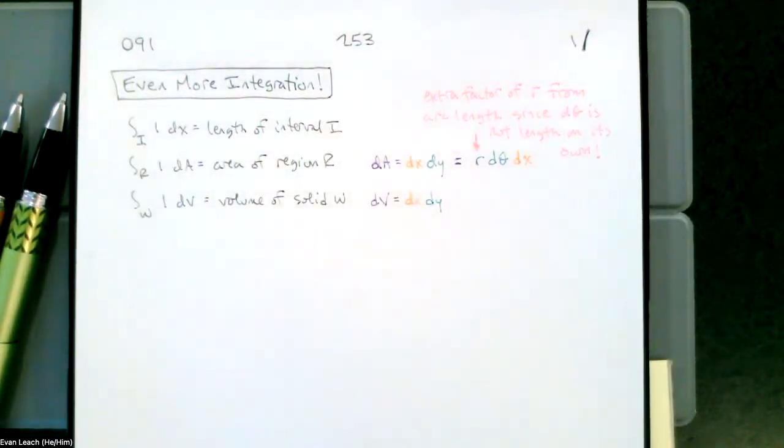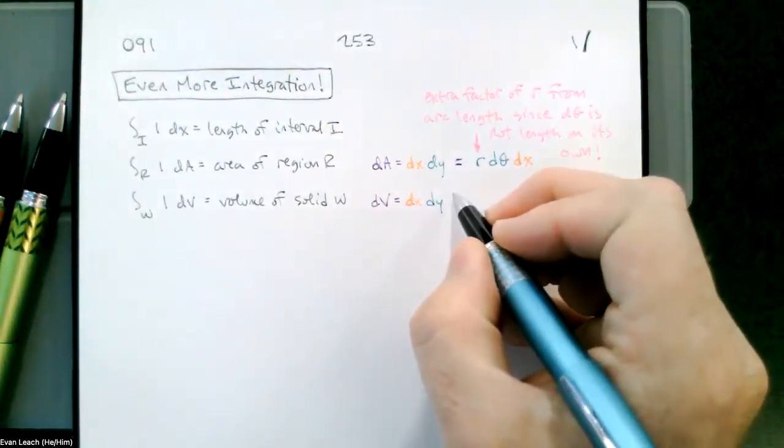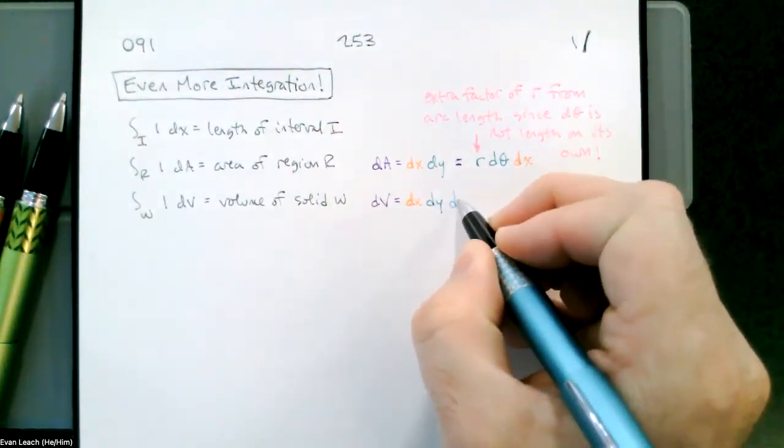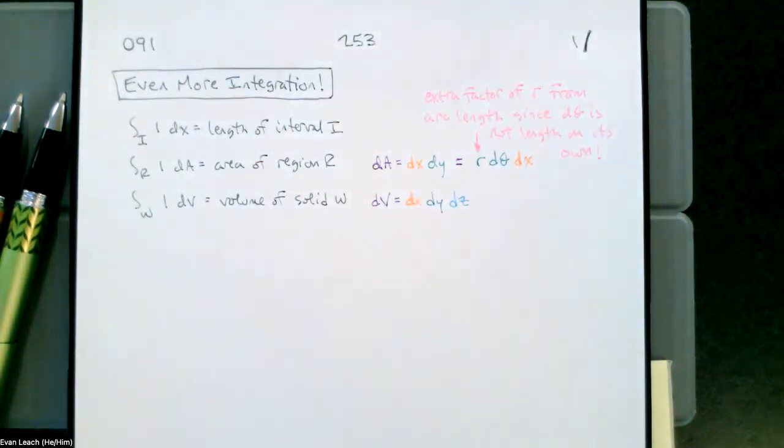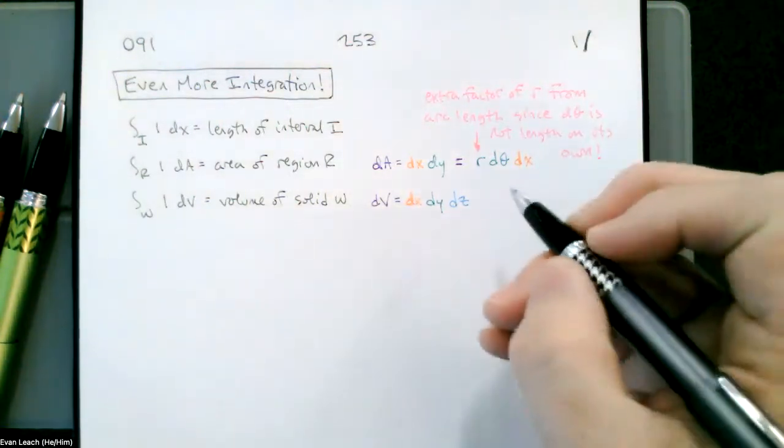What's x between? What's y between? What's z between? Z is just going to be the height above a point xy. These are rectangular coordinates.